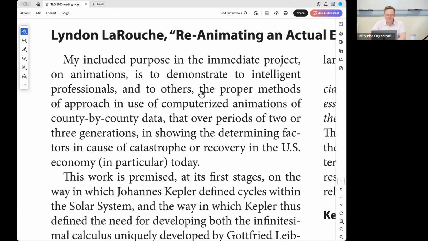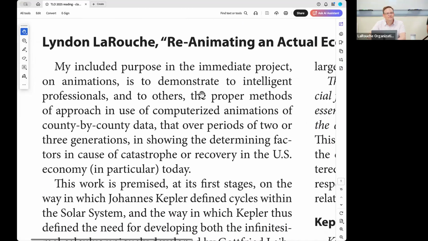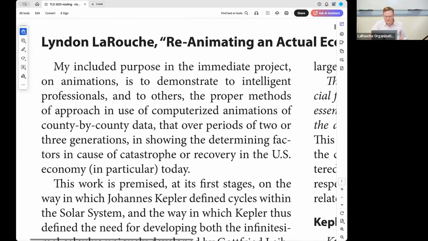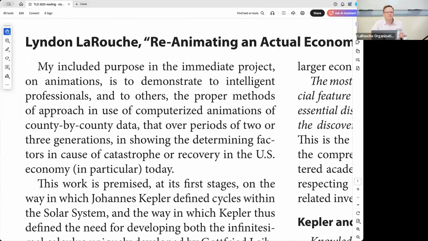Take it away. My included purpose in the immediate project on animations is to demonstrate to intelligent professionals and to others the proper methods of approach in use of computerized animations of county-by-county data that over periods of 2 or 3 generations in showing the determining factors in cause of catastrophe or recovery in the US economy in particular today.